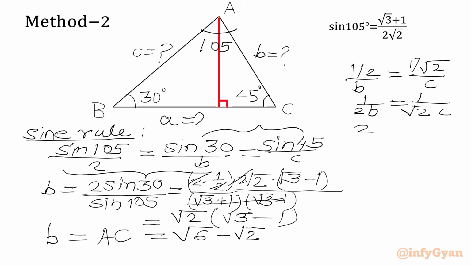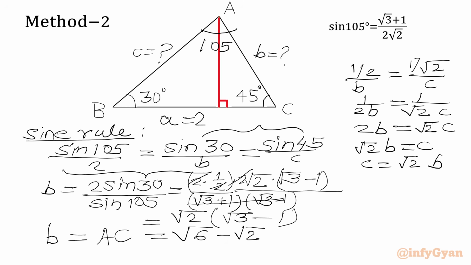So we will write 2b equal to root 2 times c, or we can write root 2 times b equal to c. So c will be equal to root 2 times b.